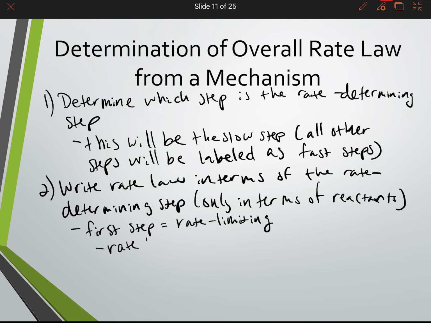Rate law equals rate law of the first step. There will be no intermediates we have to worry about if the first step is our rate determining step. If any other step is our rate determining step, we have to change any intermediates into reactants.